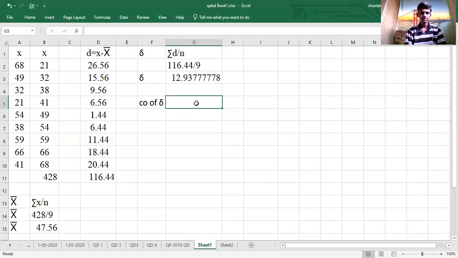I have already shown the formula: the coefficient of delta is delta divided by x bar, that is the mean. I will insert x bar here.